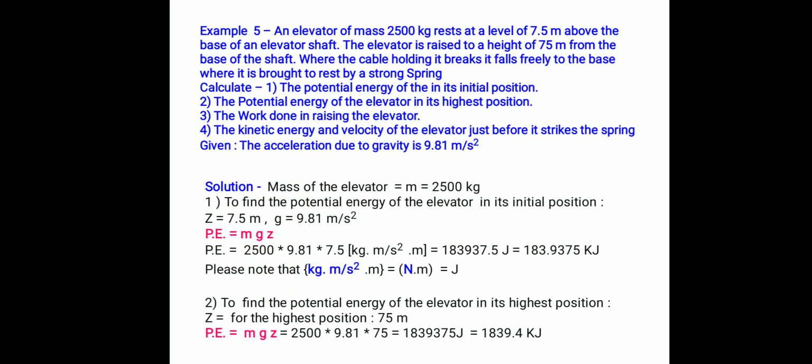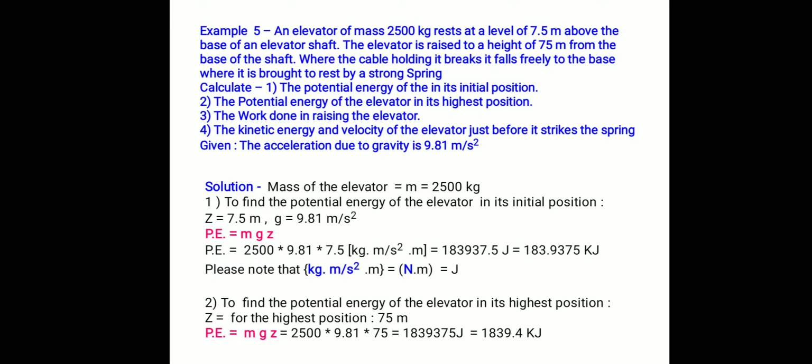Second, the potential energy of the elevator in its highest position. Highest means in this case 75 meter. Then third is the work done in raising the elevator, and fourth is the kinetic energy and velocity of the elevator just before it strikes the spring. And what is given? Acceleration due to gravity, that is small g is equal to 9.81 meter per second square.